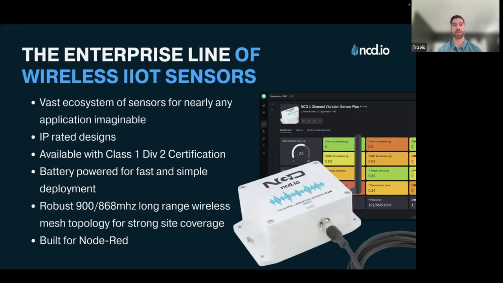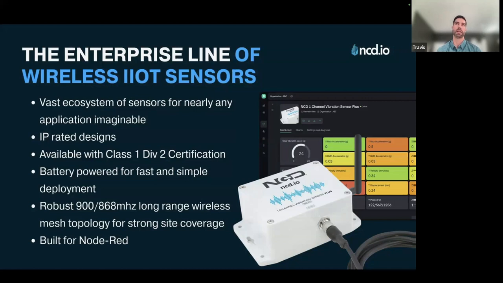So today we're going to be focusing mainly on the enterprise line of wireless IoT sensors. That is the line of products that we're integrating with Blynk, and they're making some very, very nice dashboards for monitoring those devices. It's a very vast ecosystem of products. I believe the enterprise line consists of over 100 different types of sensors at this point.